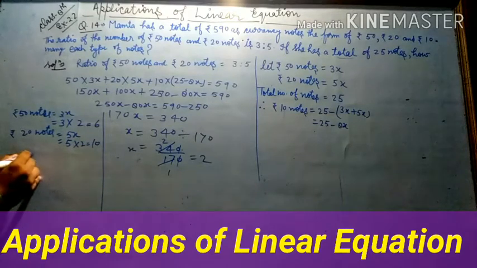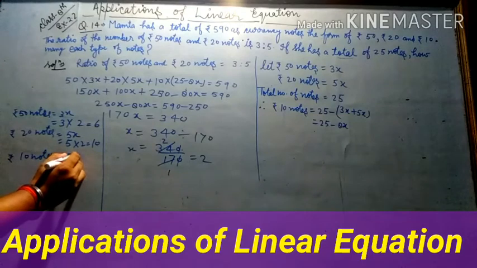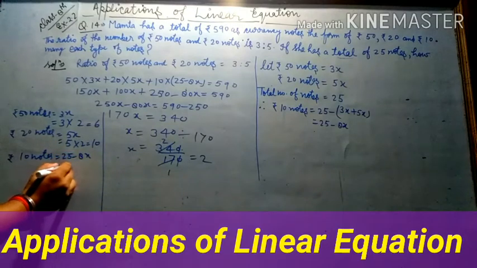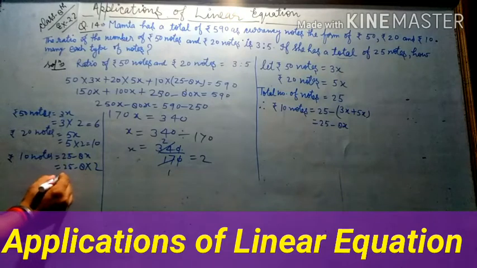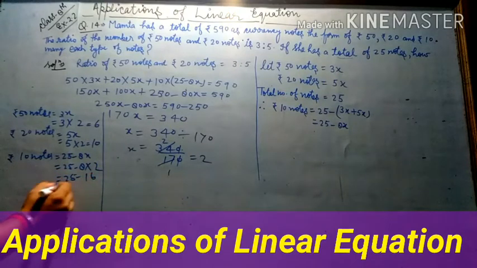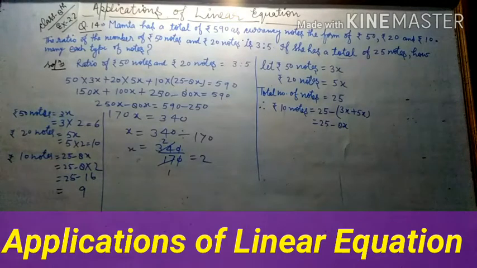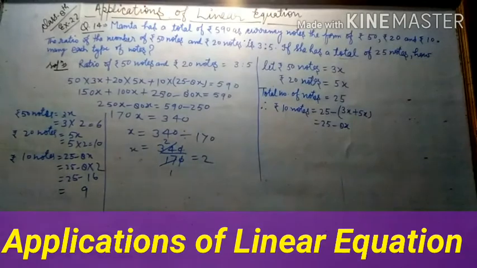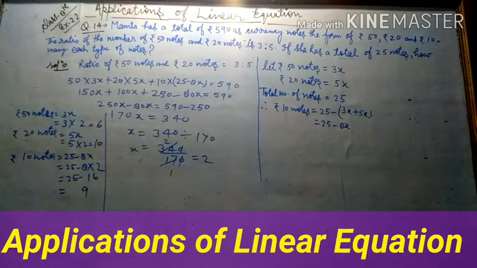And rupees 10 notes is equal to 25 minus 8x, means 25 minus 8 multiplied by 2, 25 minus 16 equals 9. Okay, so this is our answer. And if you add 10, 6 is 16, and 9, that is 25.